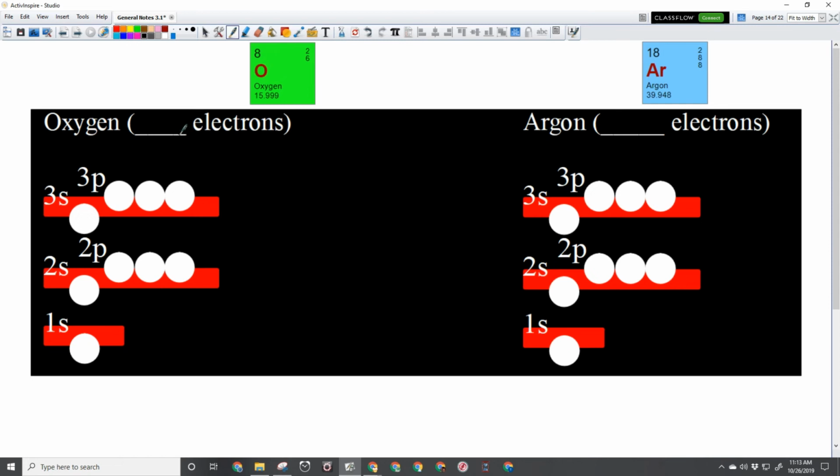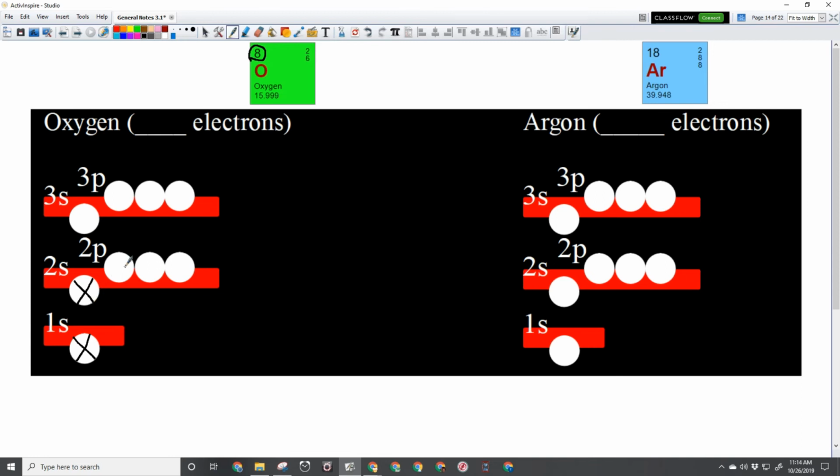So here we have oxygen. Okay, oxygen, here's the box from the periodic table. How many electrons does oxygen have? Remember, the atomic number is the same as the electrons. So here's the atomic number. It's the same as the electrons, so this is going to have 8 electrons. All right, so if we're doing the orbital for oxygen, 8 electrons, we're going to have 1, 2, because we're starting at the bottom, okay, 3, 4.